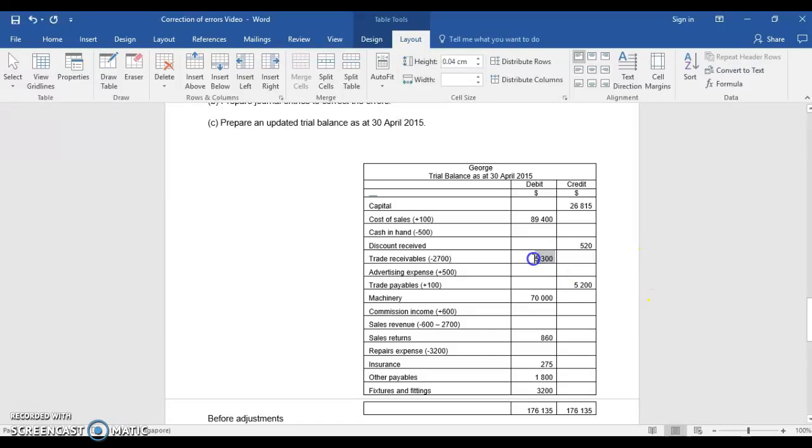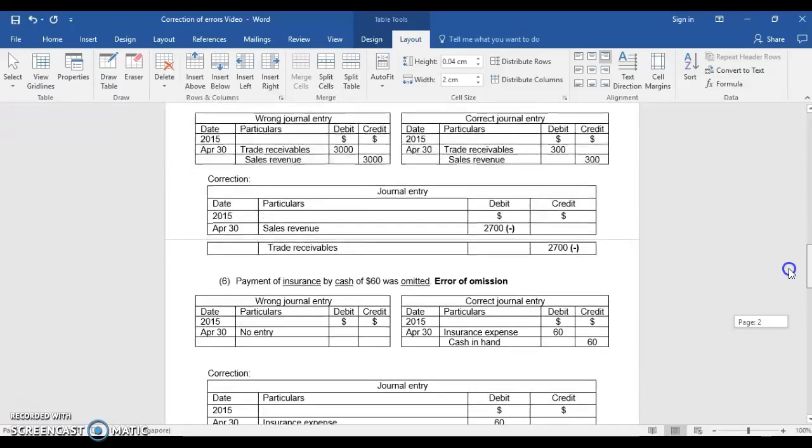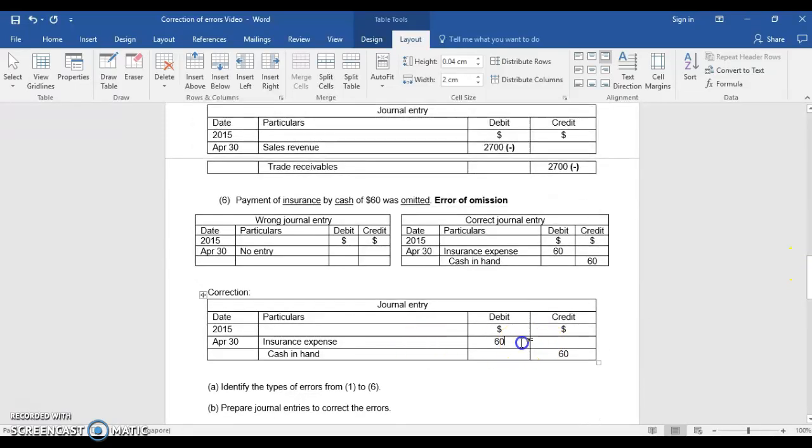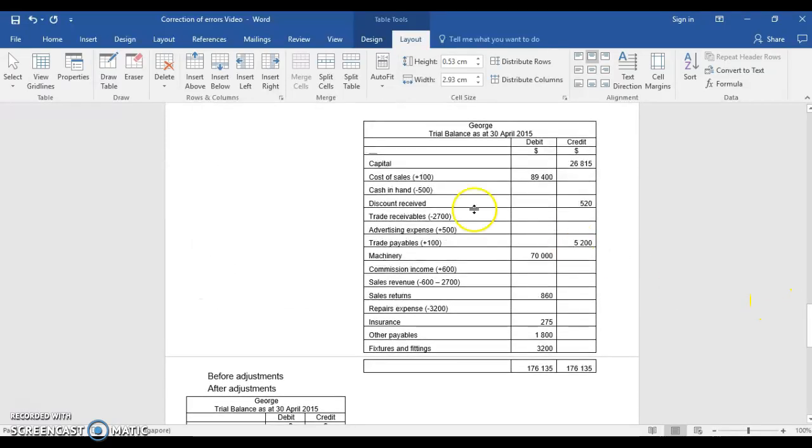Okay, so this is gone, and sales revenue done. And last but not least, we've got insurance expense of debited $60, so expense, debit, plus. Okay. Cash in hand, however, since it's an asset, we credited it, it's going to be a minus, so insurance expense and cash in hand.